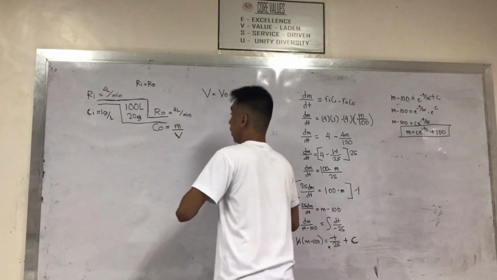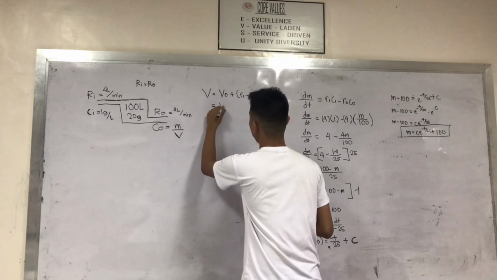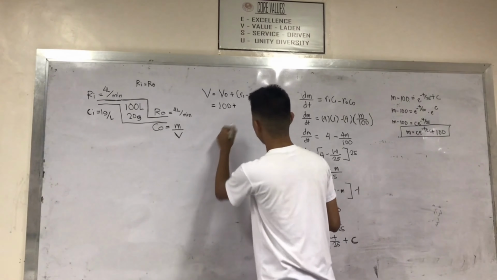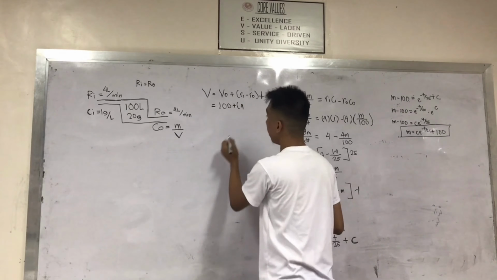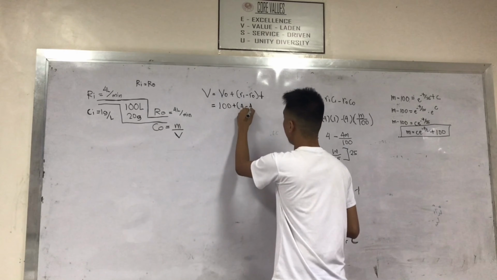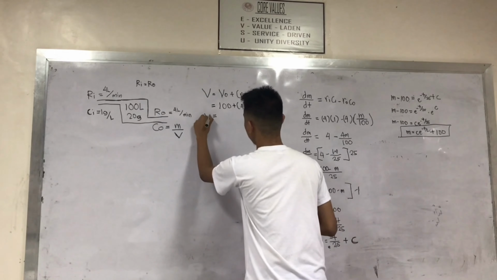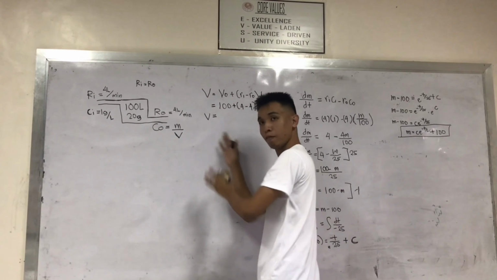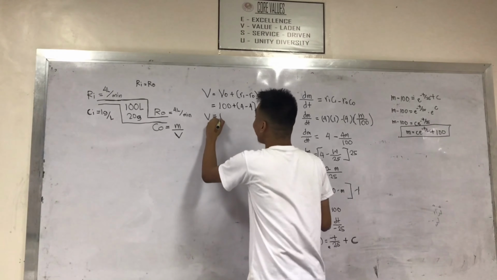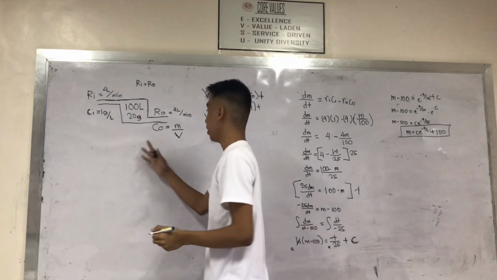So for solving for B, we take our initial volume, which is 100 liters, our rate R sub I, which is 4, minus the R sub O on the exit, which is 4, times the time. So B is equals to, just do some algebra, 100 liters, which we will substitute here.